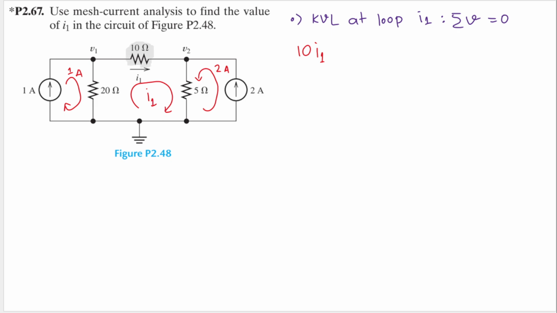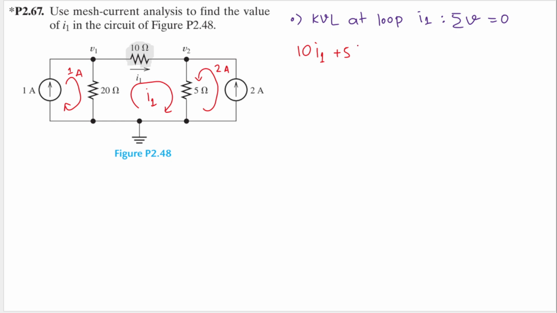And now let's move on to the 5 ohm resistor. So I will have 5. Again, this 5 is a resistance. We need to multiply it by a current to get voltage. However, we are now working at loop I1, so we need to see it from the perspective of I1.